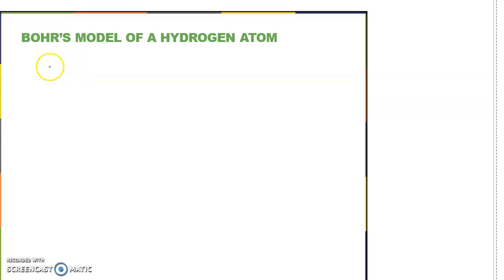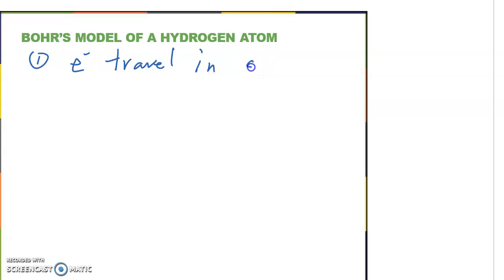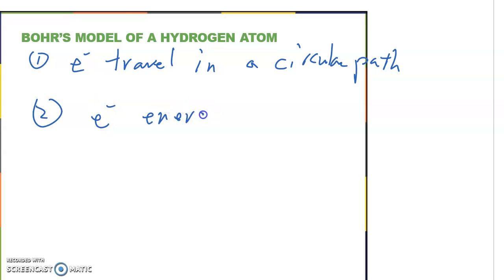Let's review and see what we learned from the Bohr model. First, it says that electrons travel or move in a circular path. Secondly, electron energy is quantized.